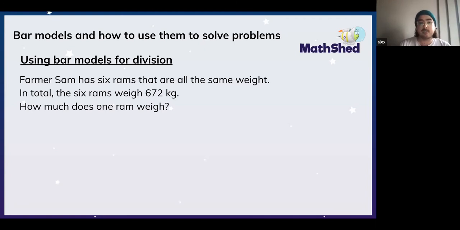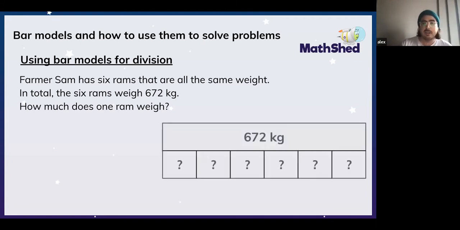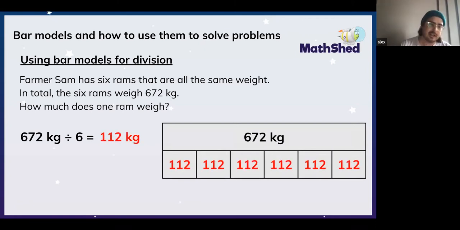How much does 1 ram weigh? So we'd have a bar model like this. We have a total bar of 672 kilograms in, 6 empty part bars that are of equal size. So we know then it's going to be 672 divided by 6, and we get 112 kilograms. And that is our answer.